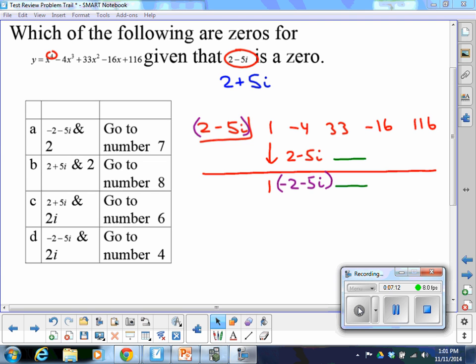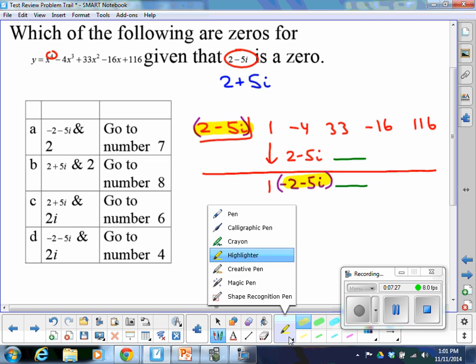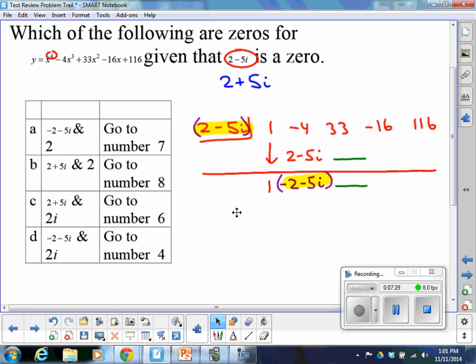Let's kind of start. I got off track for a second there, but here we are. We added the -4 plus the 2 minus 5i, right? So I'm at this point right here where that piece is going to get multiplied by the thing we were dividing by. Let's do that real quick on the calculator.